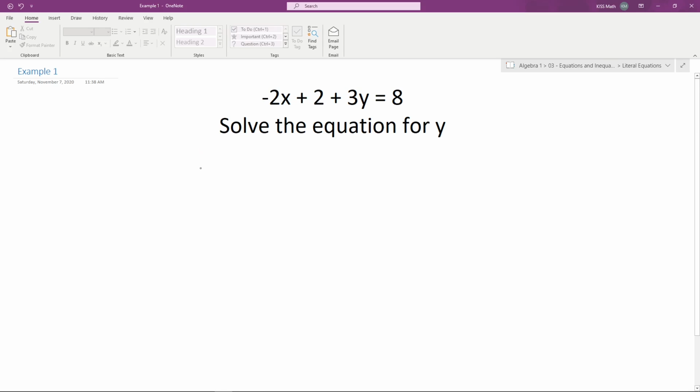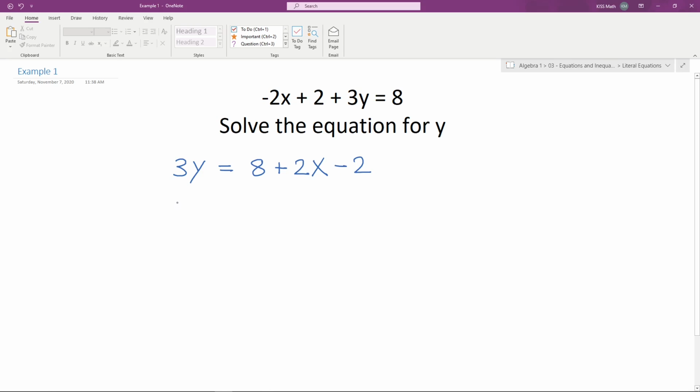And I'll keep the 3y on the left. So we'll get 3y equals 8. And then now we move the negative 2x to the other side, get a positive 2x, and then the positive 2 to the other side becomes a negative 2.